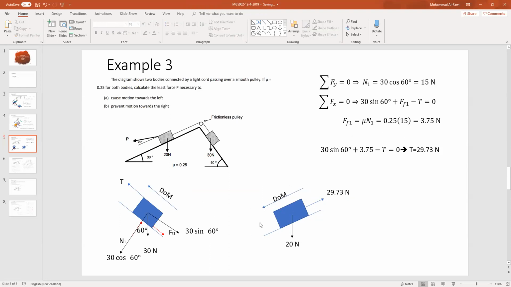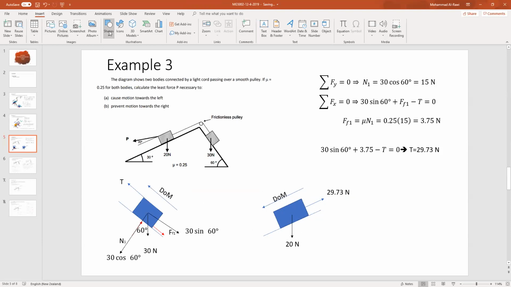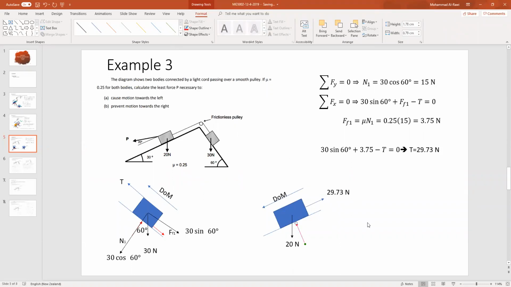And also we need to show the normal force acting on the block. So the normal force is always going in that way, in red. And also we need to show the friction force. If the direction of motion is going in that way, the friction force is going in that way, against the direction of motion, and we call it FF2.